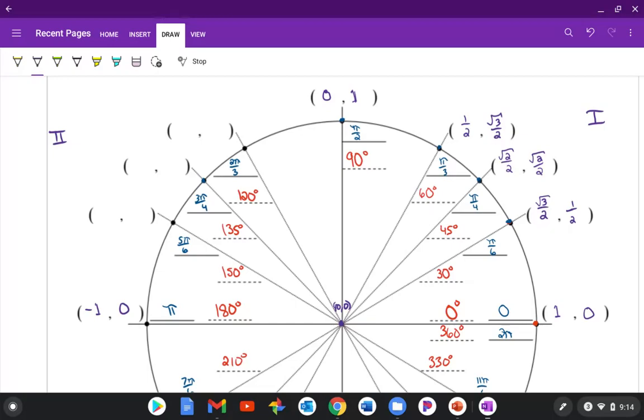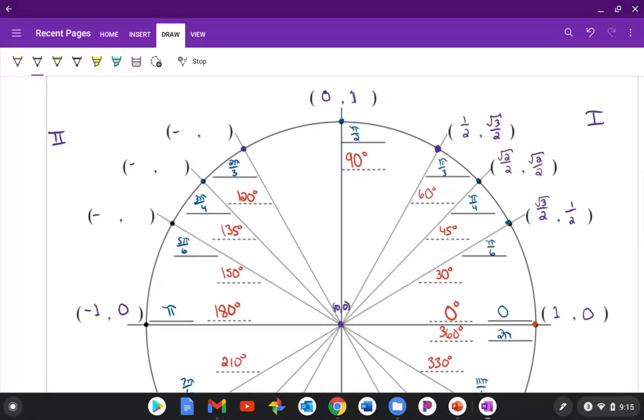There's a negative x direction, but still a positive y. So all these x's will turn to negatives, but the y's are still positive, because negative x, positive y. And what we're going to do is think of these like reference angles. This first one actually matches with the last one over here. You can see that they're the same distance from both the x and the y axis. The reference angles on these, if you remember when we did the reference angles, how you just draw the line straight down.